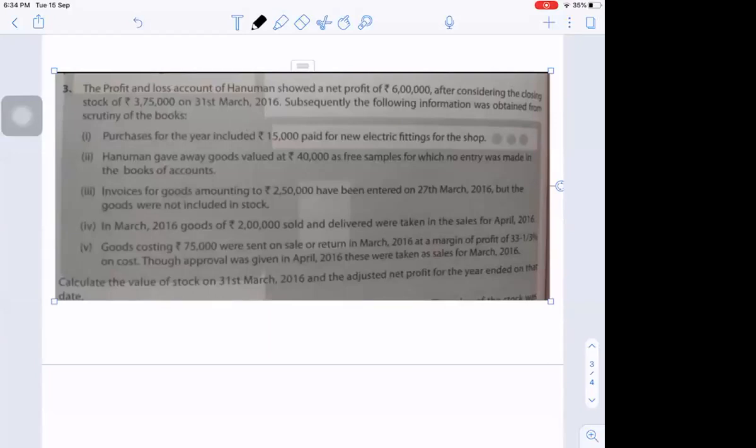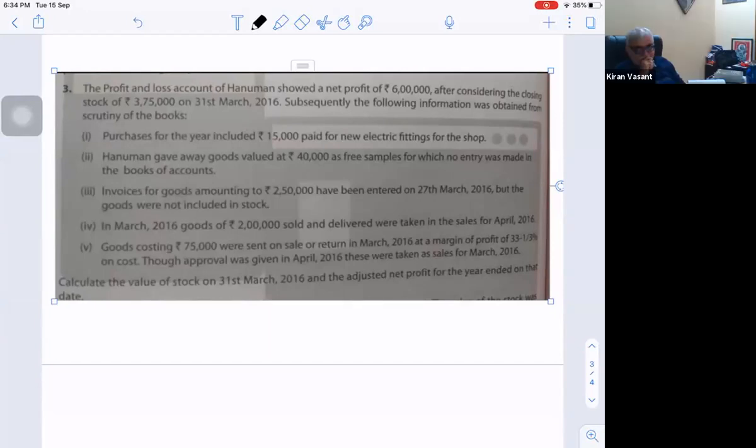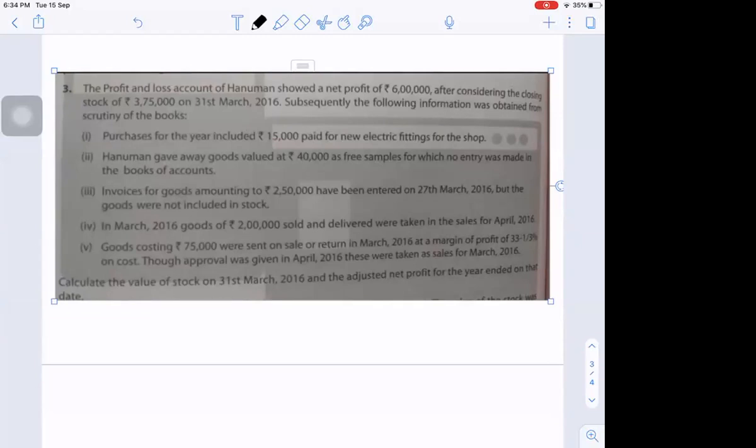not included in stock. In March 2016, goods of rupees 2 lakh sold and delivered were taken in the sales for April 2016. Goods costing rupees 75,000 was on sale or return in March 2016 at a margin of profit of 33.5% on cost.